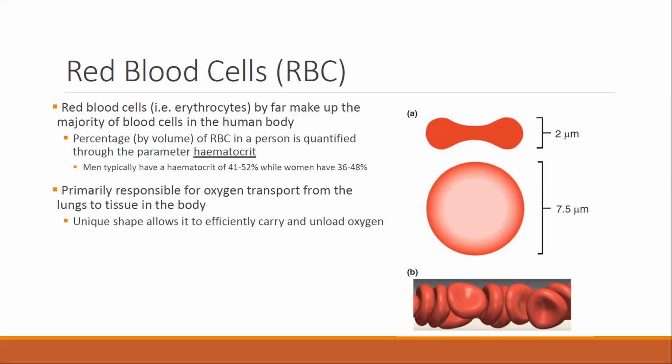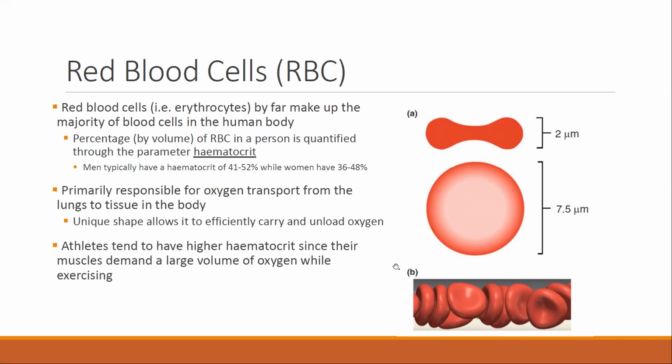Red blood cells are really important because these are the main guys that transport your oxygen. If you've seen cartoon animations of red blood cells before, they look almost like a Frisbee with a dimple in it, I guess. That's what I like to think about it. But this shape is really important because it helps it carry and unload oxygen really, really efficiently.